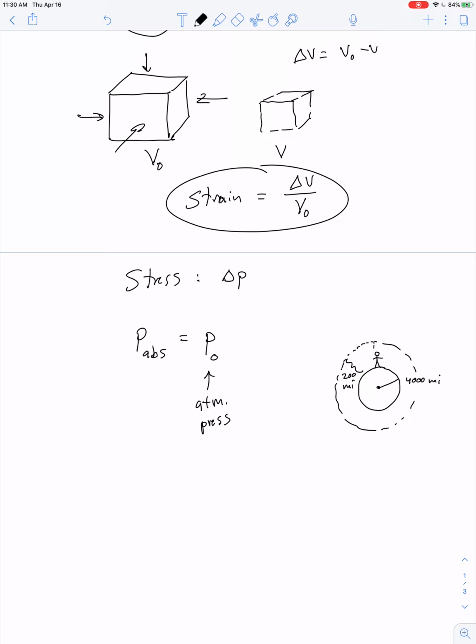But the weight of the atmosphere bearing down on you is an amount of pressure. All of the air in the atmosphere that lies above you has some weight, some value of mg, or maybe the integral of g dm or something like this, right?